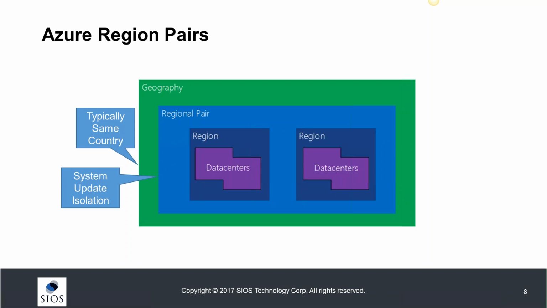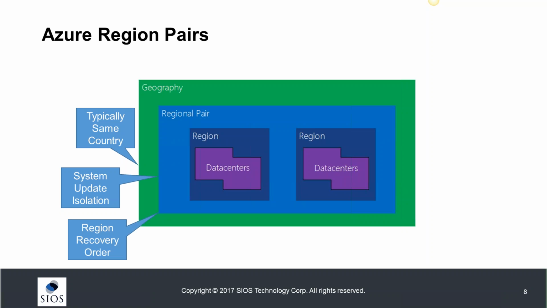What happens in a region pair is system update isolation, which means that if Microsoft's doing any sort of system update, it will only update one region in your pair at a time. It's going to make sure that the update goes smoothly before it rolls that update to the other region in your pair. So that will hopefully isolate you from any of those user errors that we talked about earlier.